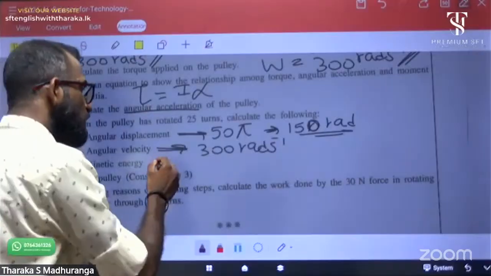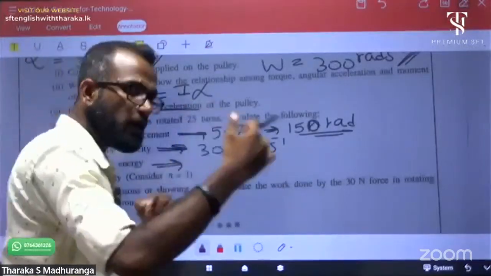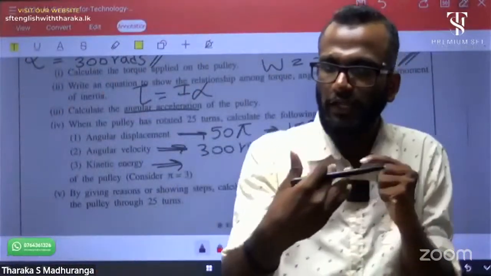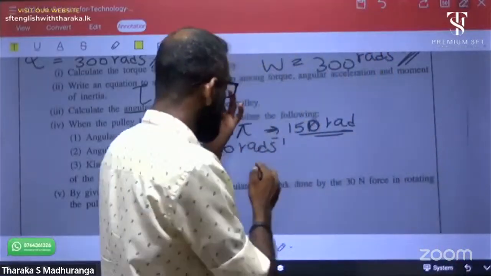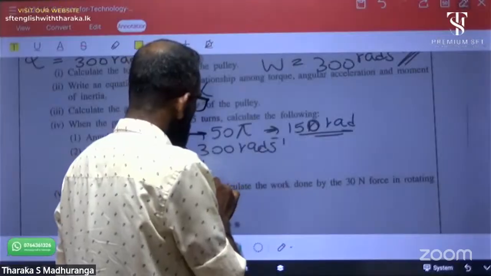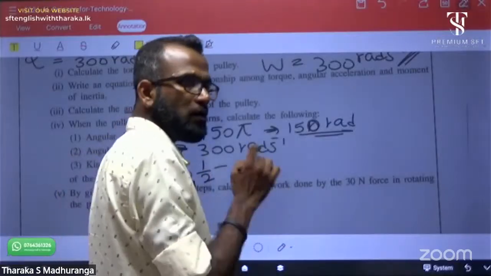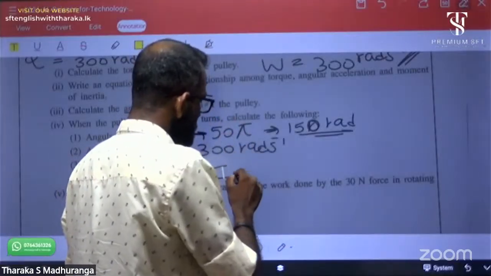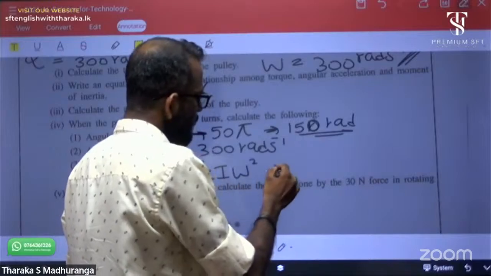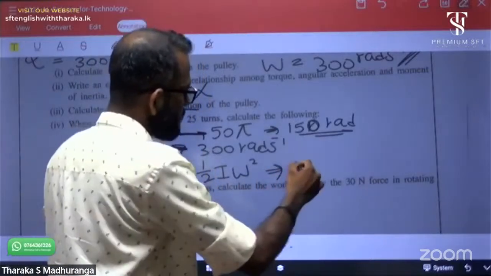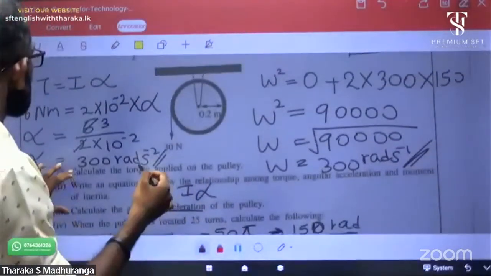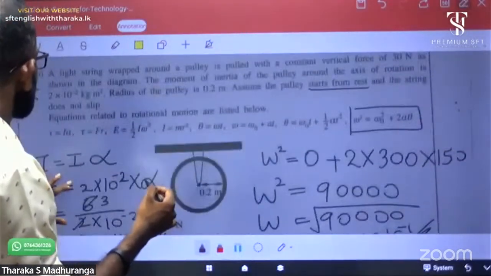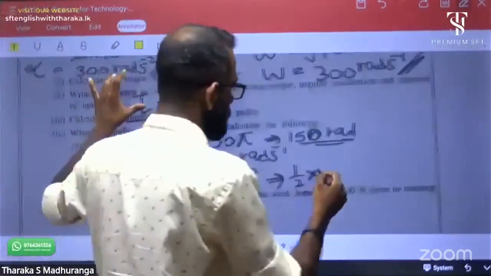Kinetic energy. Now it is rotating. What is the kinetic energy type? Rotational kinetic energy. What is the equation? Half I omega squared. Easy. Half I, the moment of inertia of the pulley is given as 2 into 10 to the power minus 2, right? Yes.